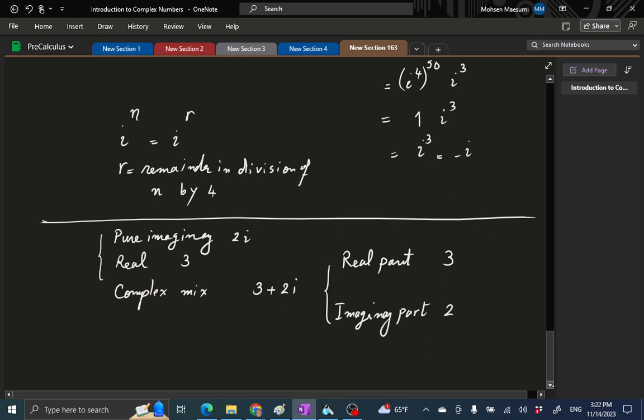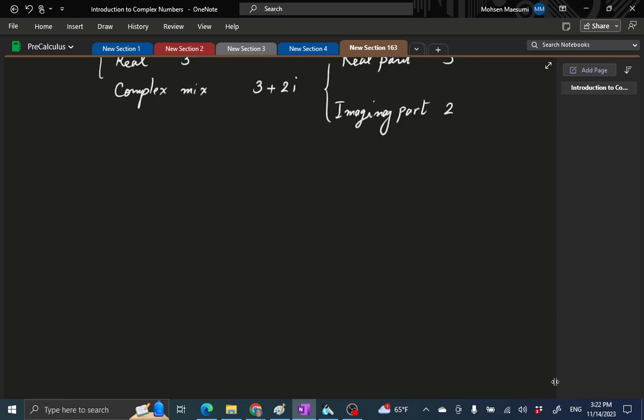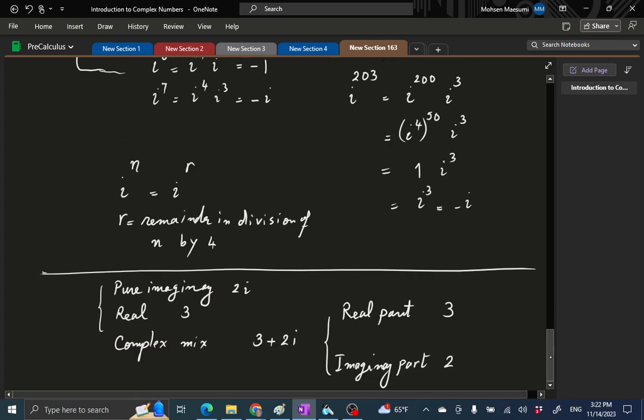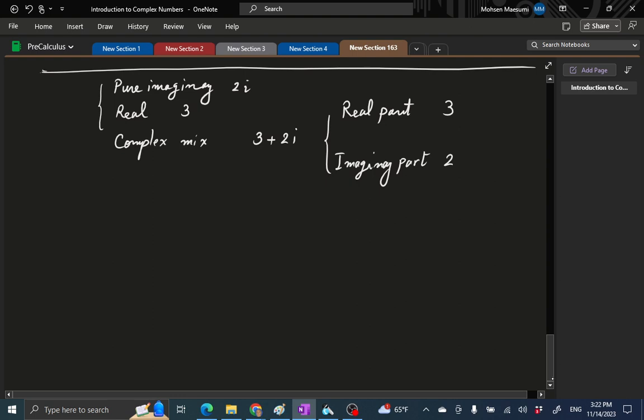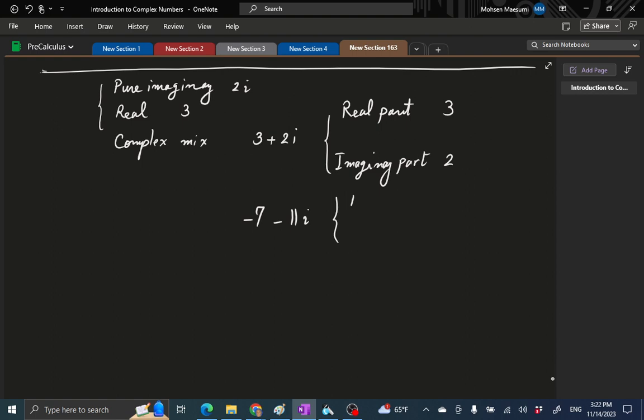If either of these were negative, we would just reflect that. So if I have minus 7 minus 11i, then I'll say the real part, sometimes abbreviated to Re, is minus 7. The imaginary part, sometimes abbreviated to Im, is minus 11, and so on.